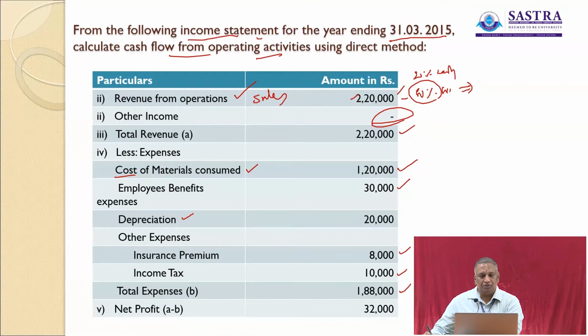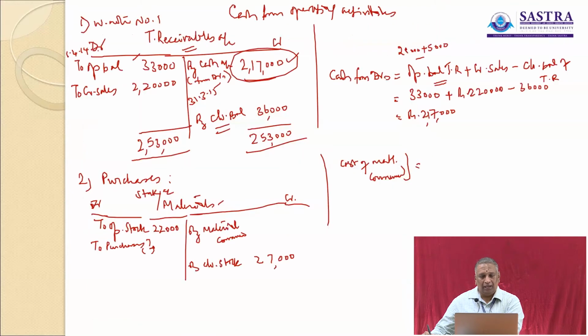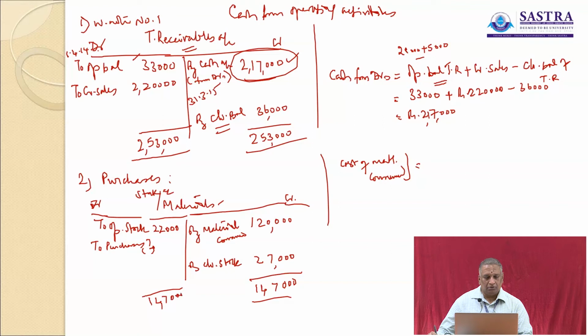The amount is given as rupees 1,20,000. Here it is 1,20,000. So I'm crediting the amount 1,20,000, close the ledger, and find the balance 1,47,000 minus 22,000.